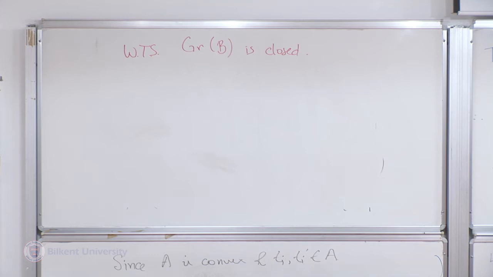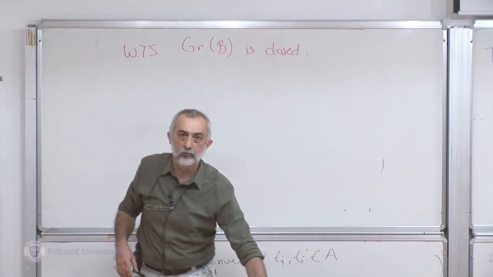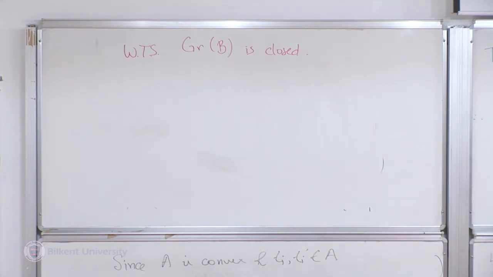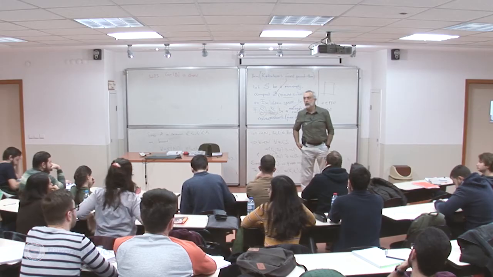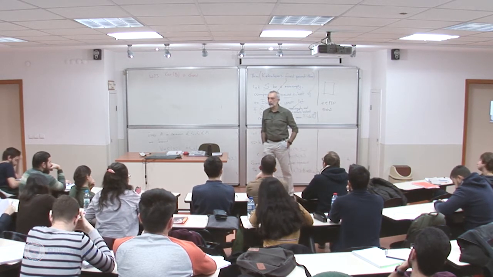So rather than game theory, we're doing analysis now. How do you show that a set is closed? There are many ways, but the boundary must be included. So if you want to work with boundaries, then you take neighborhoods of that. And what other way can we do? What is one of the most effective ways of showing a set is closed? Complement is open, which again will probably work with boundaries.